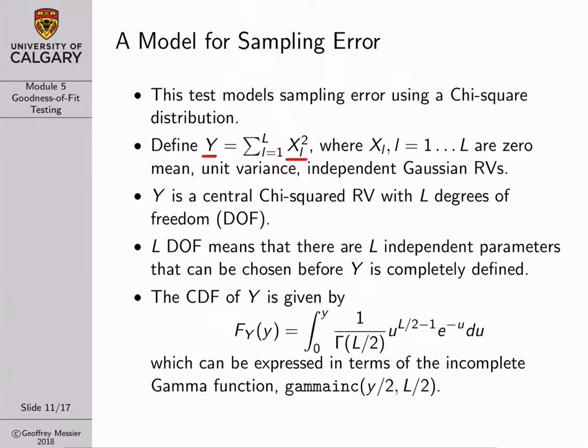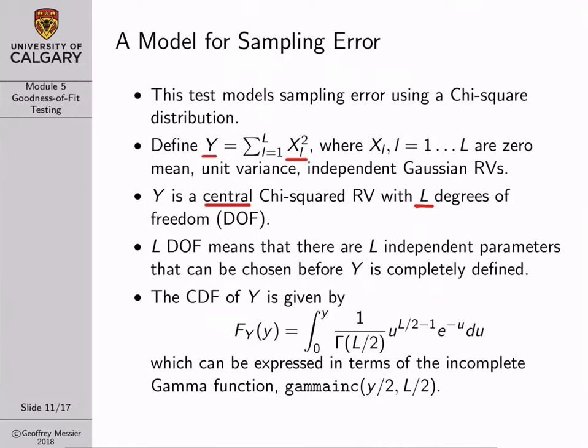And when we do that, we say that y is a central chi-squared random variable with L degrees of freedom, central because we're adding zero mean Gaussians. The degrees of freedom term just refers to the number of Gaussian random variables we're adding up.